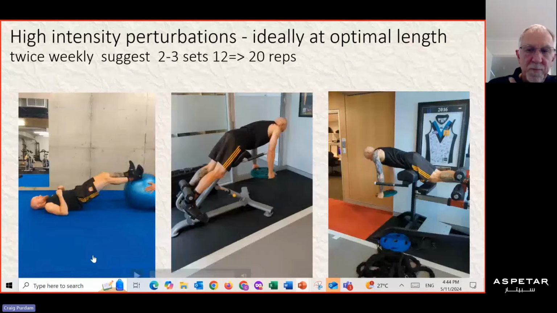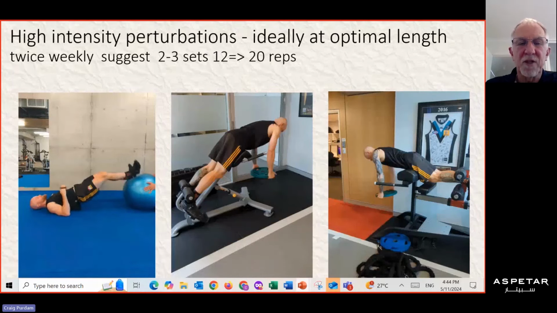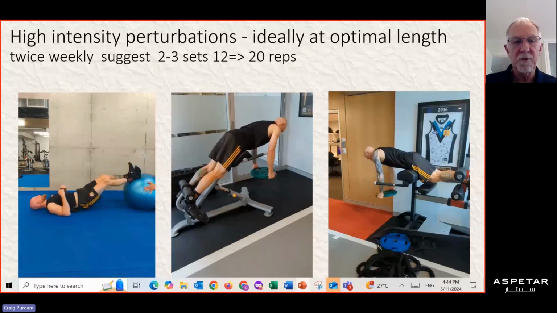We played around with a couple of different versions here. The first one being tantrums. You would love to have this ideally at optimum length, so a little more hip flexion. But with external rotation here, with neutral we got very good firing of semimembranosus, and with external rotation very good firing of biceps femoris.